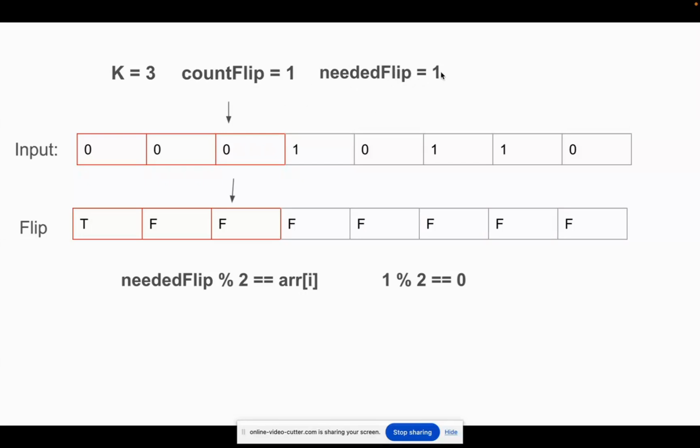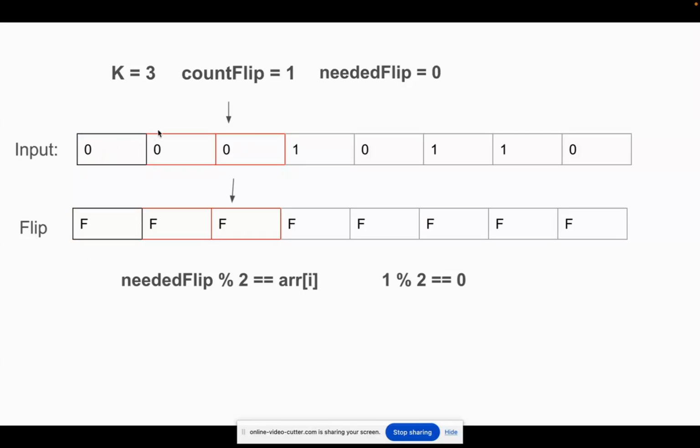Now we keep expanding the window, but before expanding the window, we need to check whether the window is valid or not. If we add this one to the window, now we have 4 elements, right? So before expanding the window, we need to narrow the window from left to right, and then we can add more elements to the window.